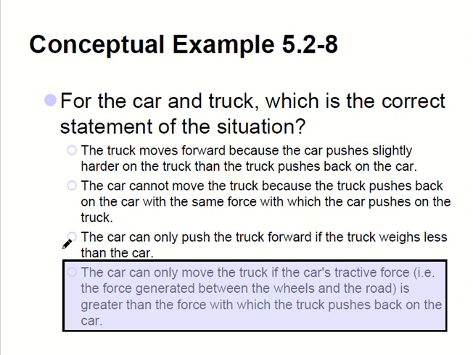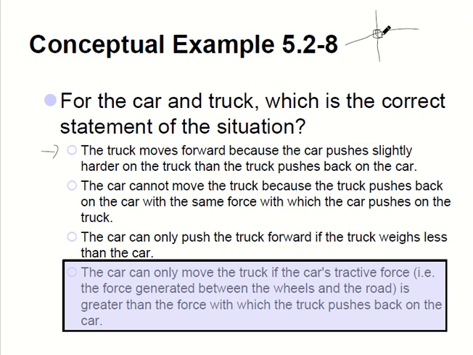So for the car and truck, which is a correct statement of the situation? We are given four statements here. The truck moves forward because the car pushes slightly harder on the truck than the truck pushes back on the car. That's not true, because you are forgetting about the components.